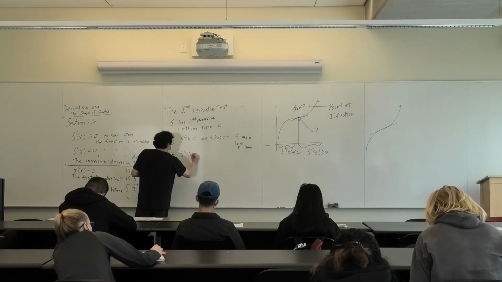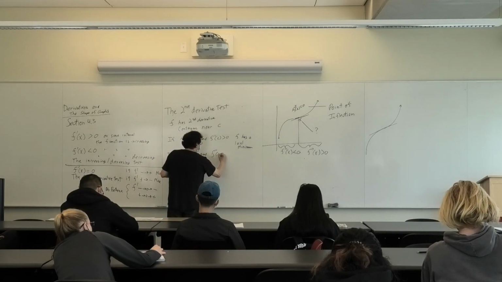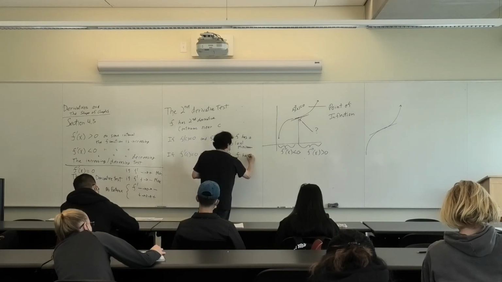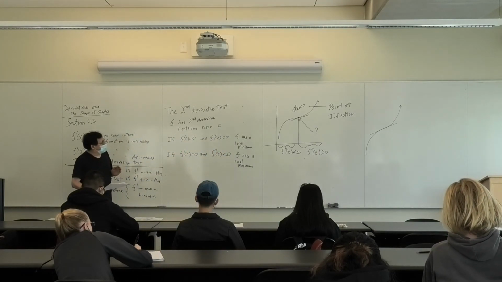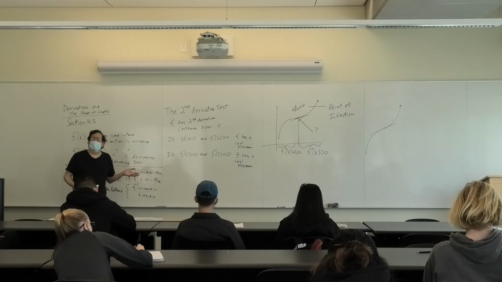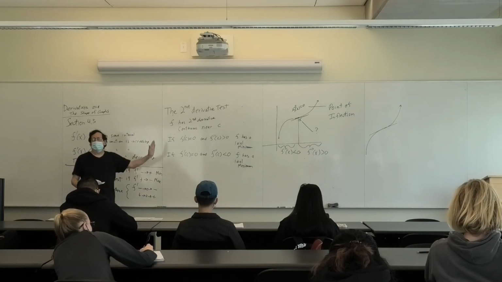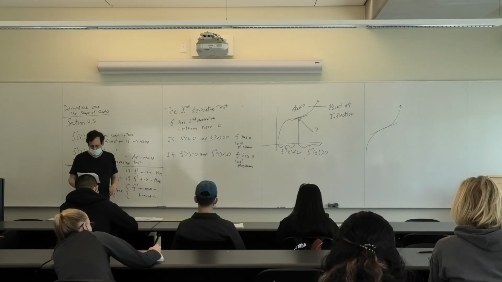If the derivative is 0, and the second derivative is less than 0, f has a local maximum. So by looking at the first derivative test and the second derivative test, you don't have the entire shape, but you can kind of see what the function is doing.